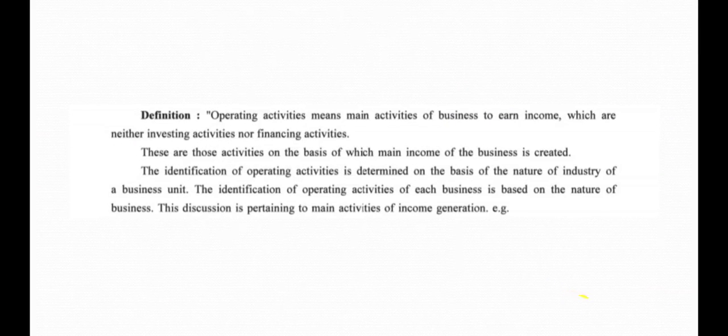Definition: operating activities means activities of business to earn income which are neither investing activities nor financing activities. These are those activities on the basis of which the main income of business is created. The identification of operating activities is determined on the basis of the nature of industry of a business unit.